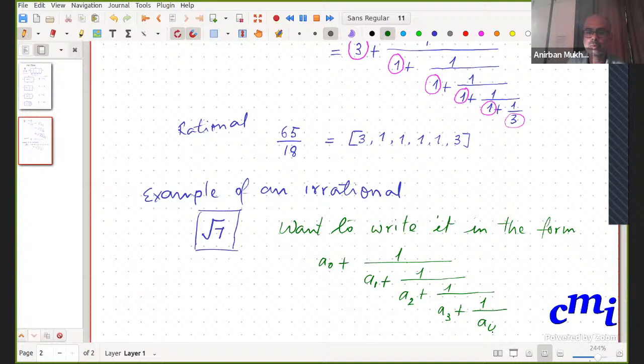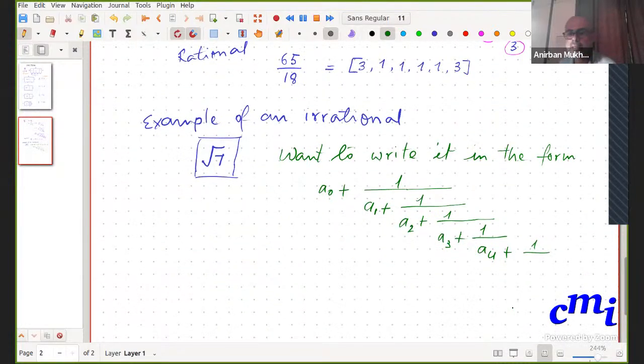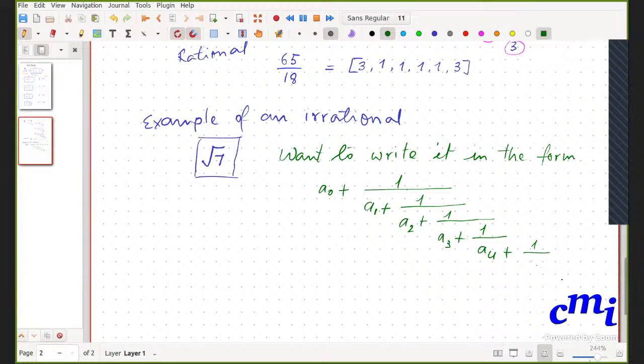So we want to do this kind of a thing. And a priori, we don't know whether it's going to terminate or not. Since we haven't proved anything so far, the termination of the algorithm in the last case could be purely a coincidence. We don't know. So let's see. That's why we want to see it with an irrational number.